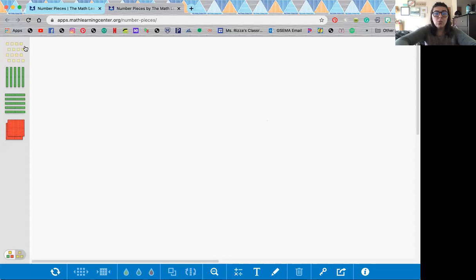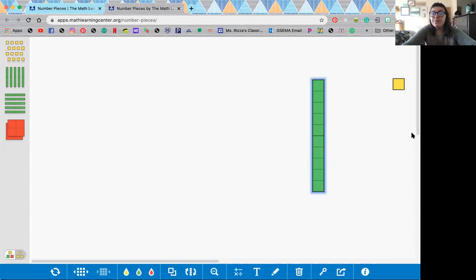So we're going to start with our ones. I got my 1 over here. So how many ones do I need to trade for 10? How many ones do I need to trade for 10? Yeah, I need 10 ones. Remember, when we use base 10, 10 is our magic number.